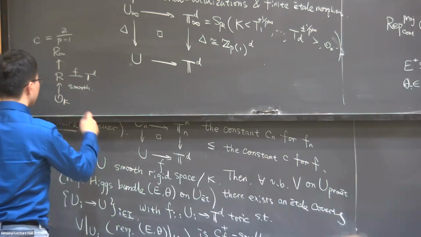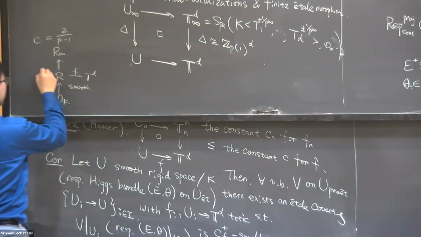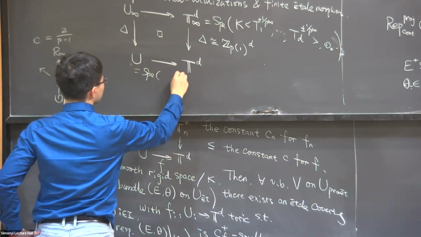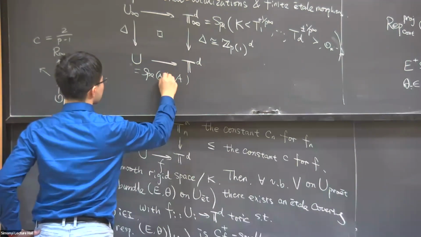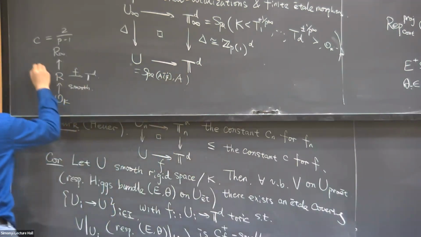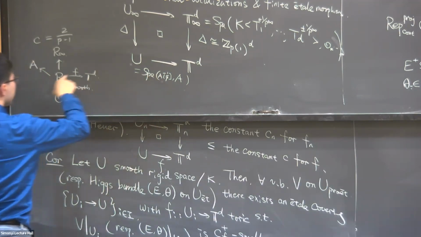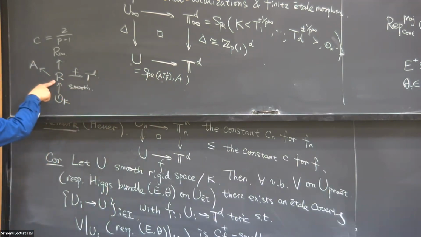Yeah. But now things are a little bit different, because here is R-bar. If you consider something like that, where A[1/p] is finite étale over R[1/p], and A is the integral closure in the finite étale cover, then in this case the constant for A will change.